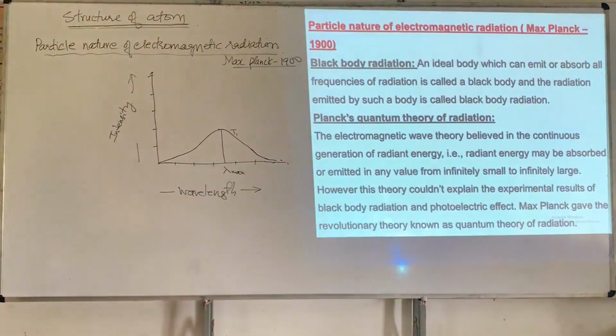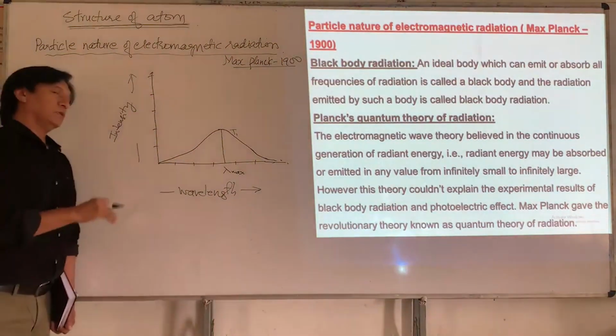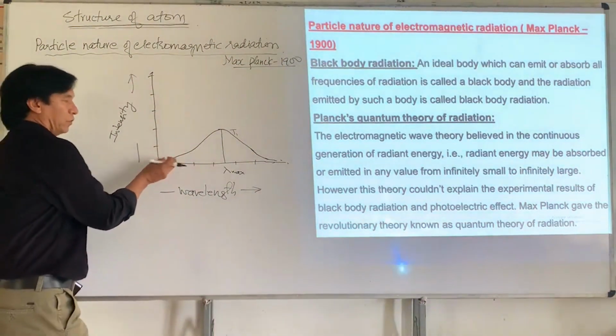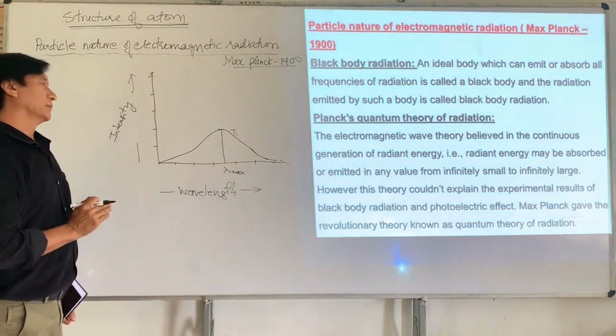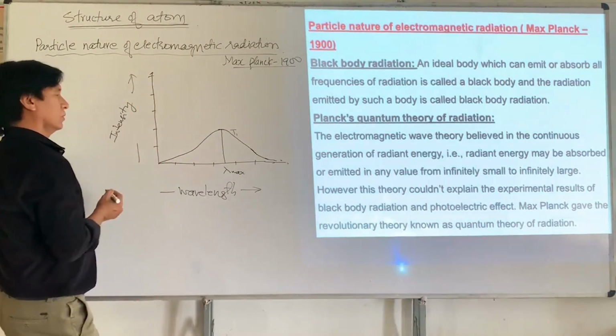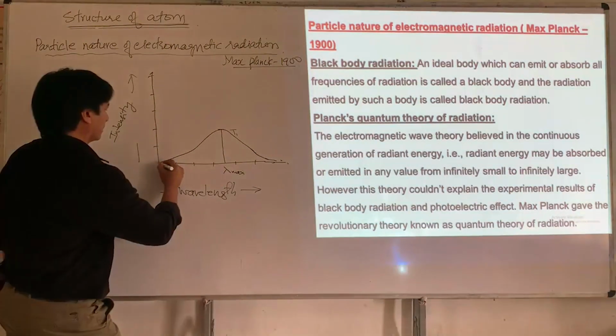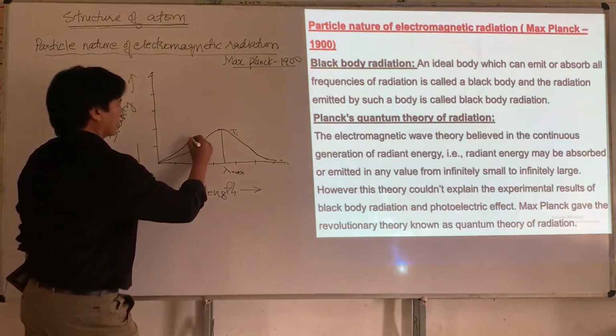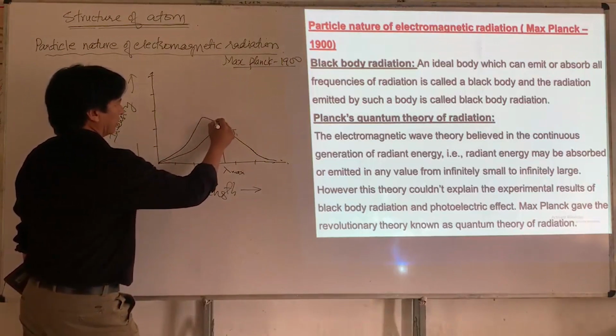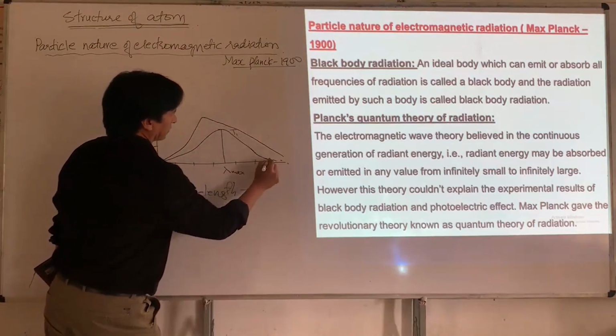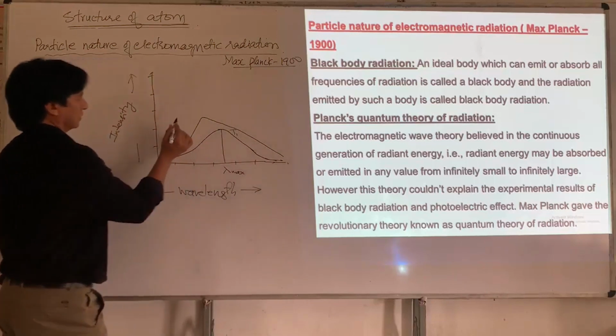This is what is observed. And now, if you increase the temperature further, say to T2, then again the same thing is seen happening. With increase in the wavelength, there's going to be increase in the intensity.